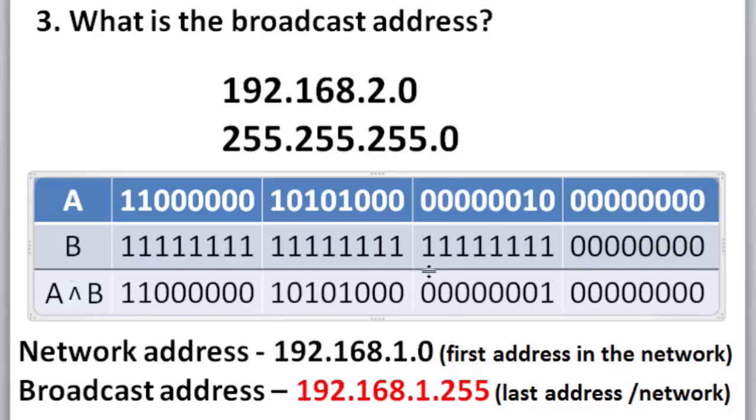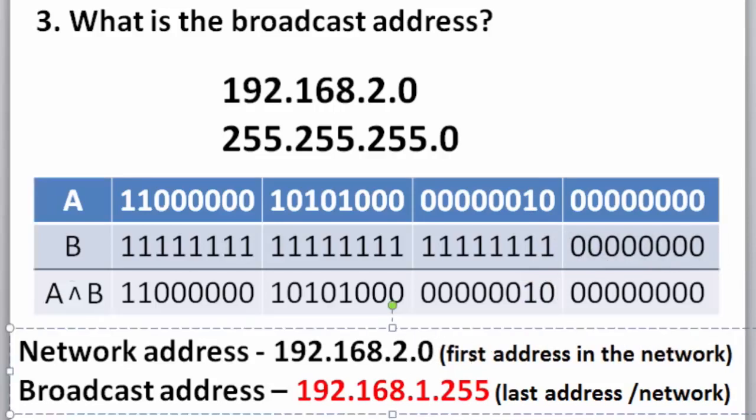A false and a true is a false, false, false, false, but when we get here, a true and a true is a true, and a false and a true is a false, and now the network address is the 2 network, 2.0. So you can see how important ANDing is to defining just where the networks lie.